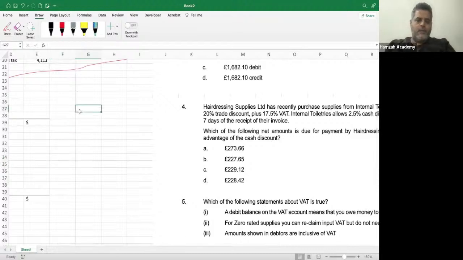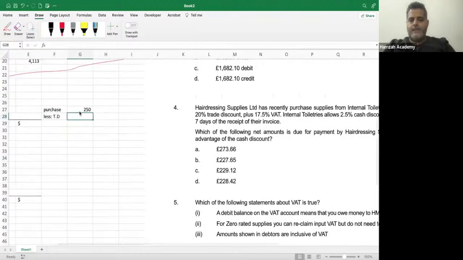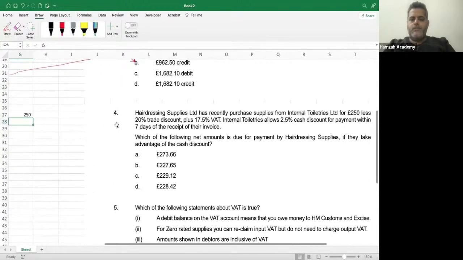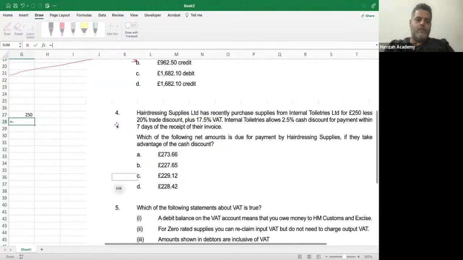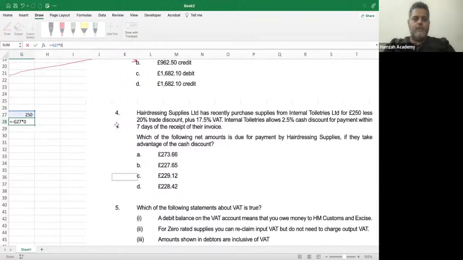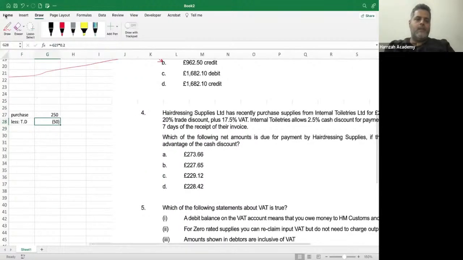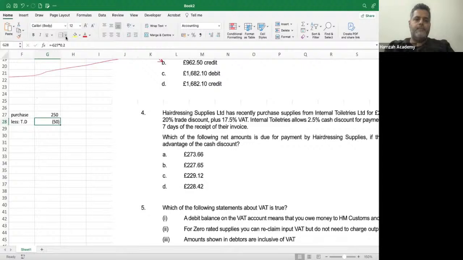okay, we have a purchase of 250 over here, less trade discount. Trade discount is 20%. So I'm going to take 20% of this, and when I do, I get a net amount of 200 over here.